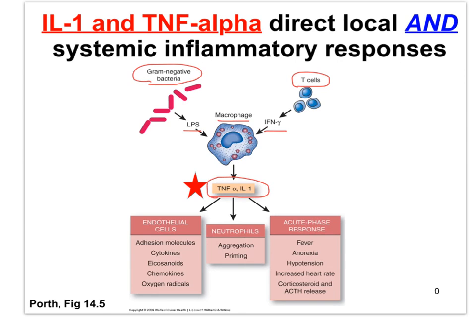So the take-home message here is that macrophages are releasing TNF-alpha. That TNF-alpha talks to endothelial cells, causes them to change their behavior, talks to neutrophils, gets them to aggregate and start to work, and causes that acute phase response that we talked about briefly on the last slide, where we have various proteins that cause fever and anorexia, etc.